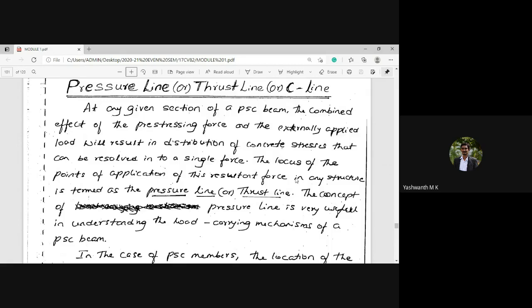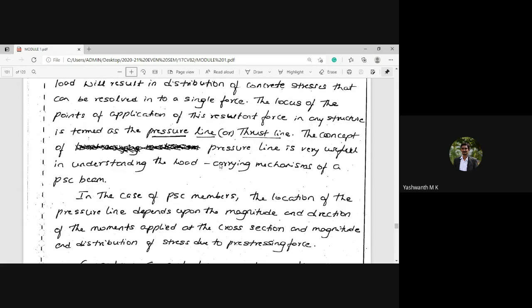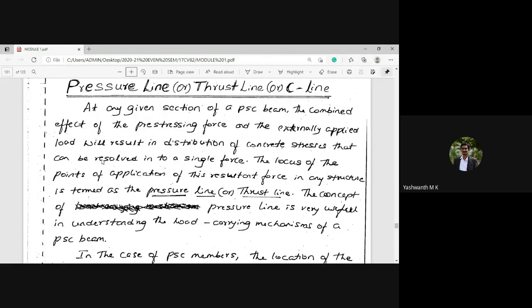Is it clear? The concept of pressure line is very useful in understanding the load carrying mechanism of a PSC beam.